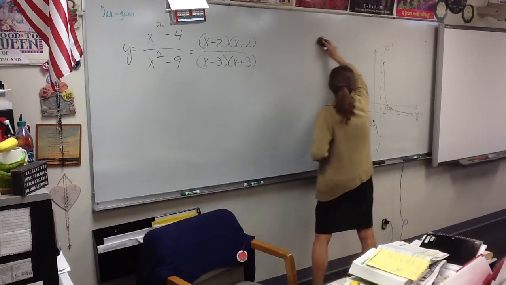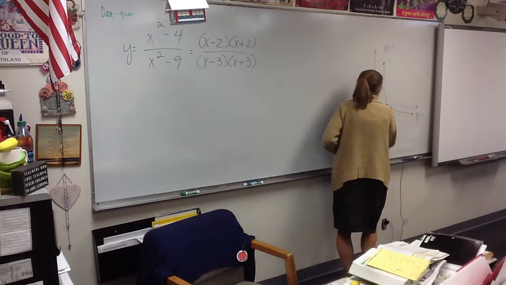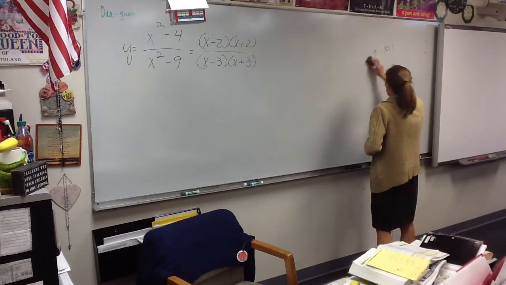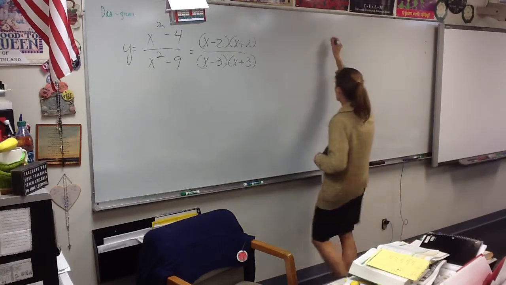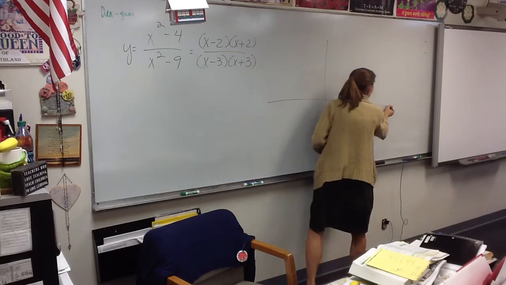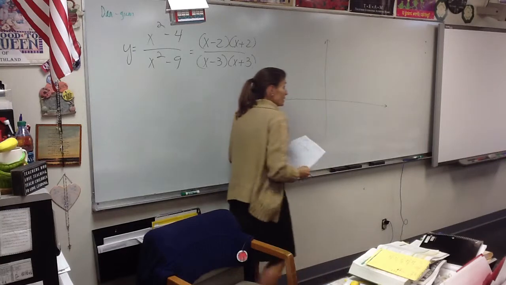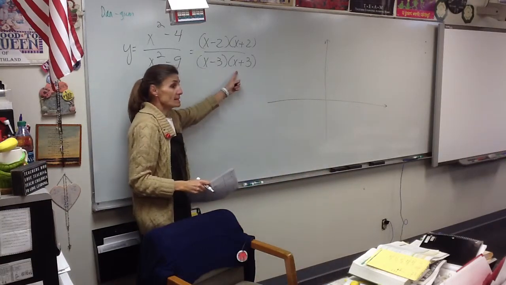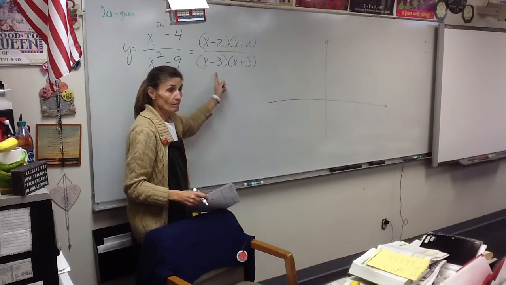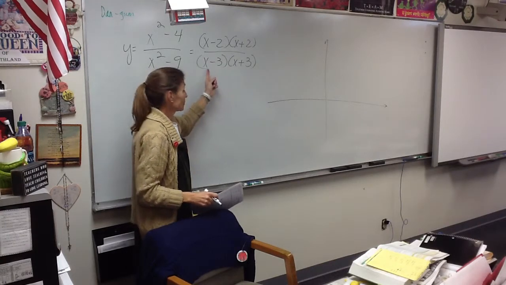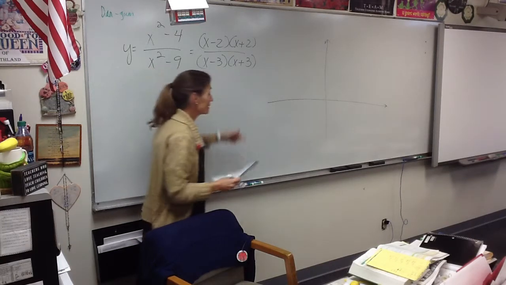Now, Julian, I can clearly see that I don't have just one vertical asymptote, I have 2. What will make my denominator 0? 3 or -3.